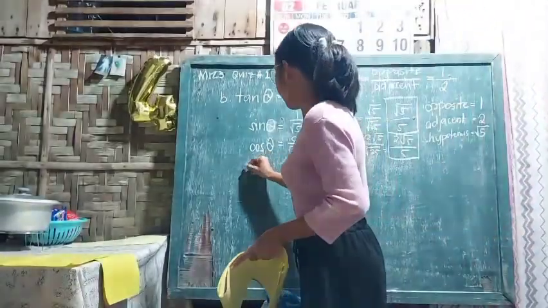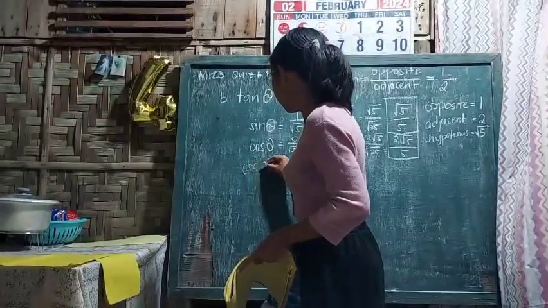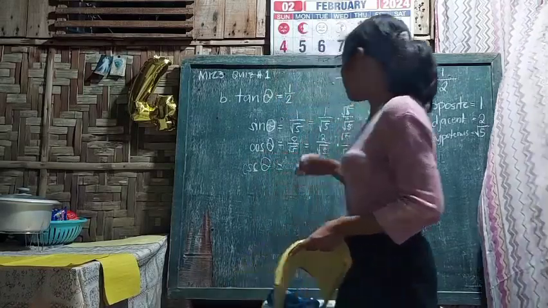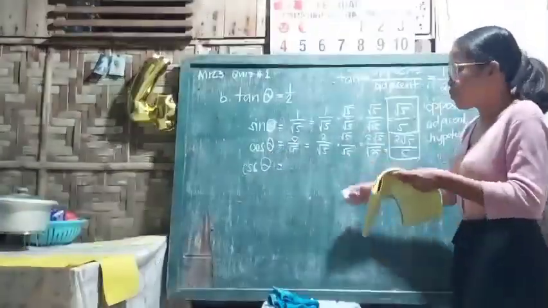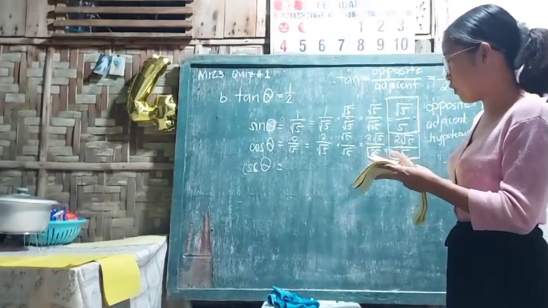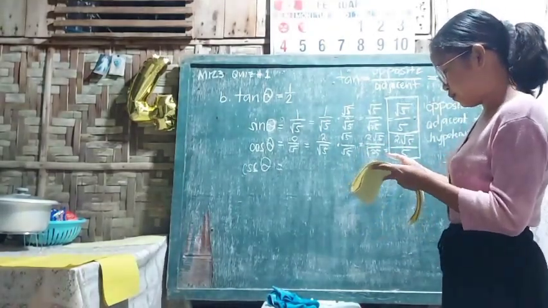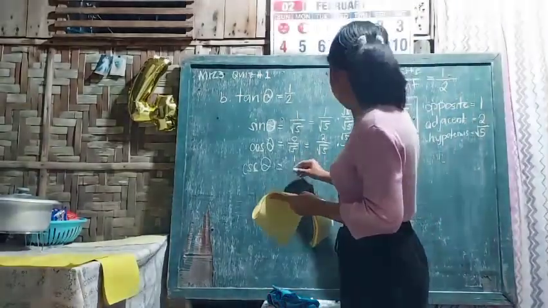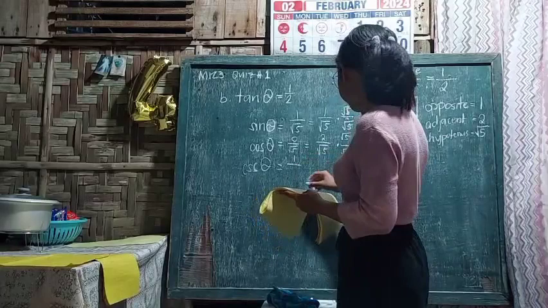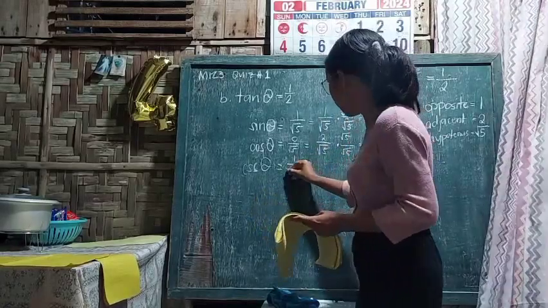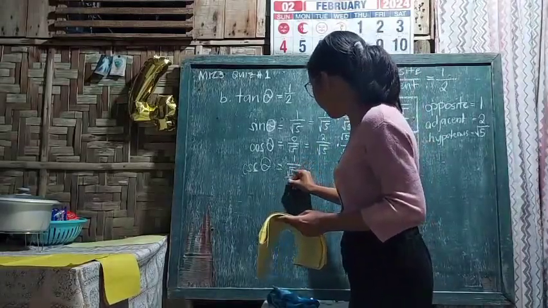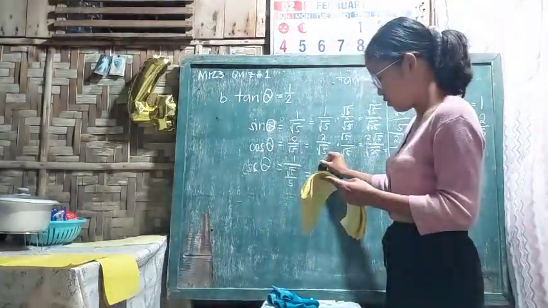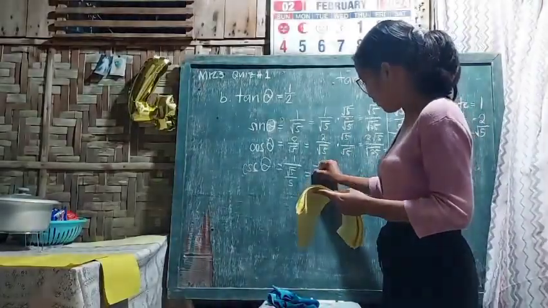Now, we have our cosecant. Our cosecant is the reciprocal of the sine. So we have 1 over the value of our sine, square root of 5 over 5, which will be equal to 5 over square root of 5.